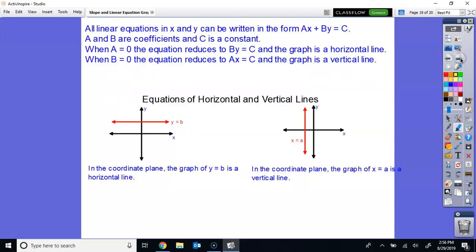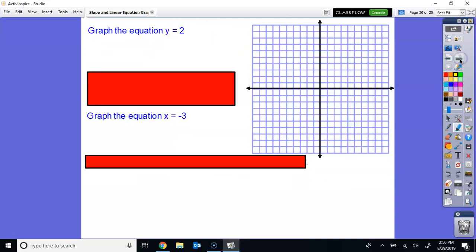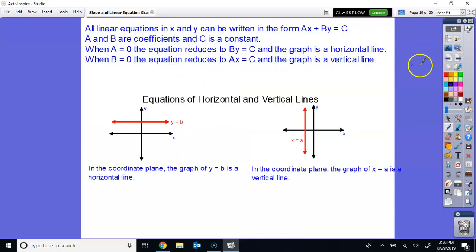The last thing I'm going to give you is just a little helpful reminder about these two special kinds of lines, like y equals 2 and x equals negative 3. Anytime you see y equals a number, that one is a horizontal line. So anytime it is y equals a number, it is always going to be a horizontal line.